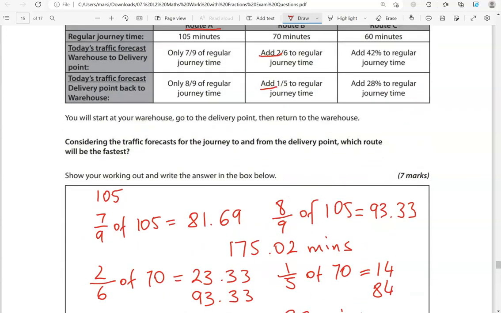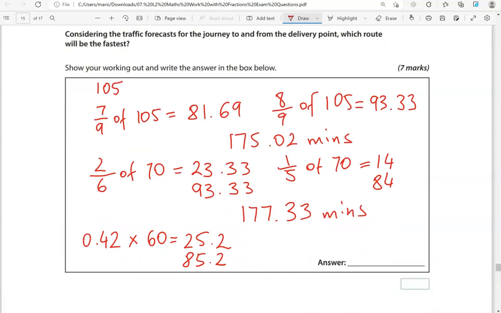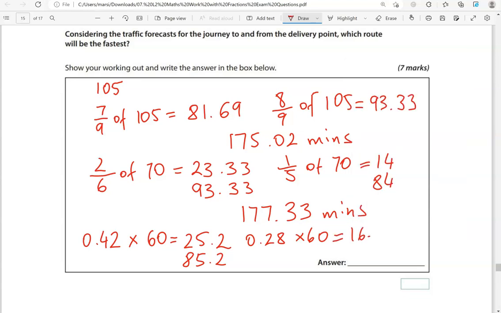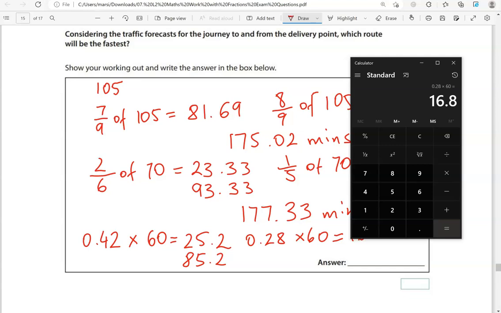And then the way back, add 28%. So 28%, that is 0.28 times the 60. Gives us 16.8. On top of the 60, so that is 76.8.